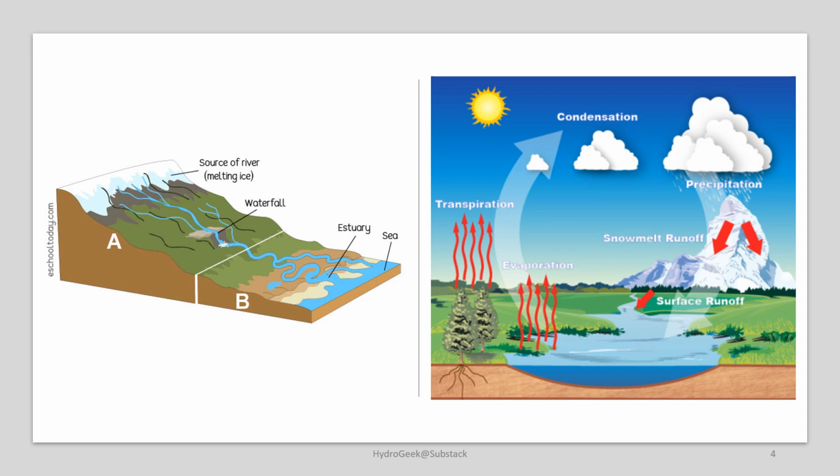This precipitation forms surface runoff, which comes into the stream, or surface runoff forms a stream. This stream merges with the river, and the river merges with the sea. So this is, more or less, the water cycle.